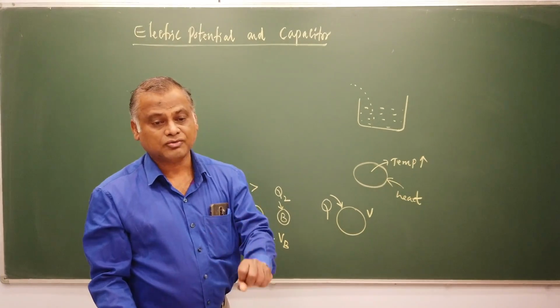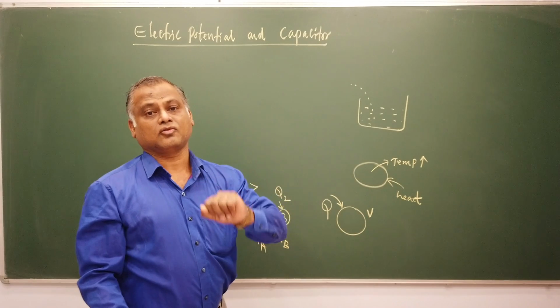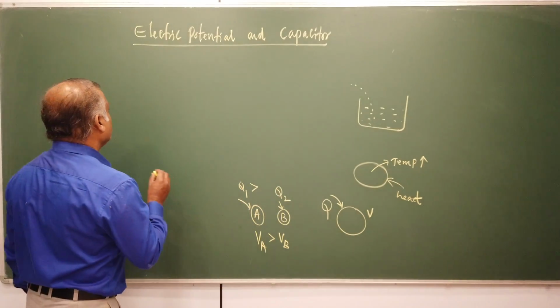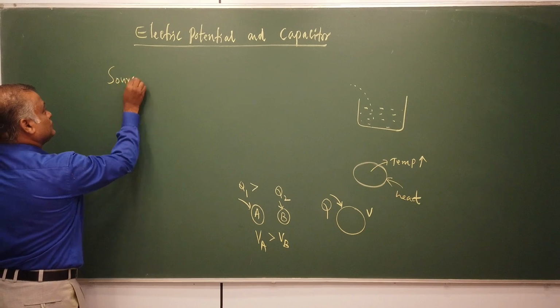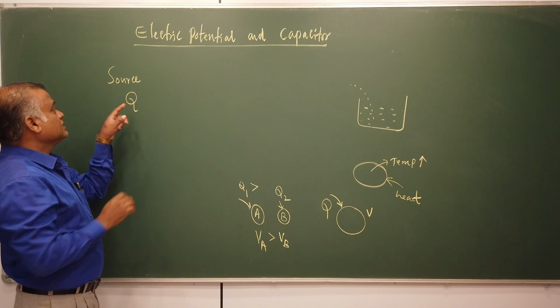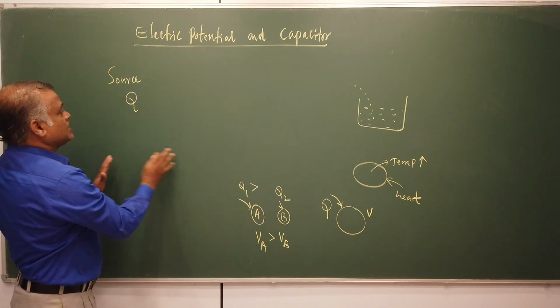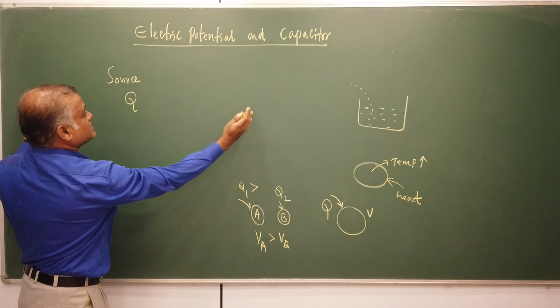Now we have to calculate the electric potential at a given point. Say I have some source charge here. Source means it is producing its own electric field, it has its own electric field in a certain region.